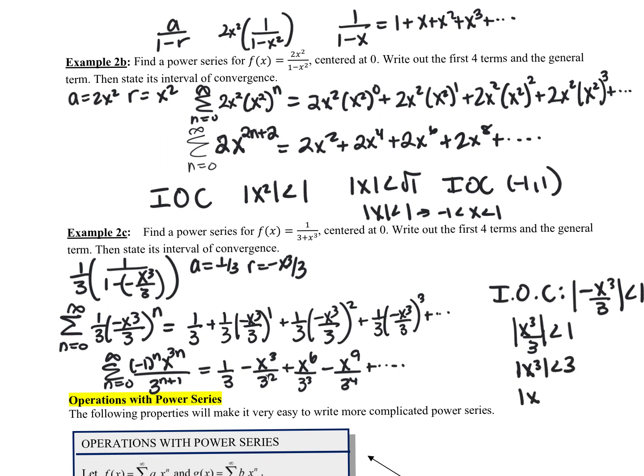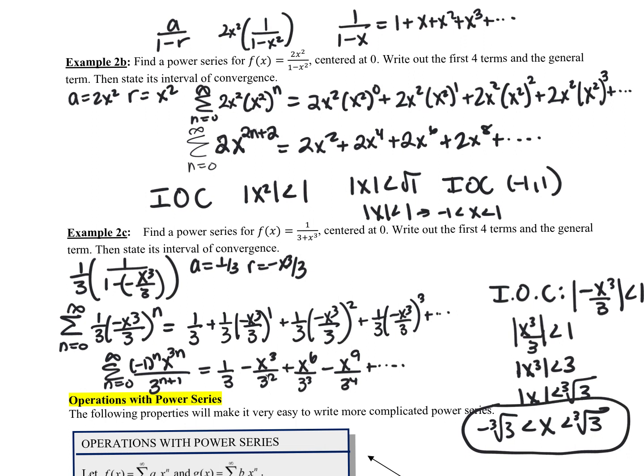So the absolute value of x will be less than the cube root of 3. Or if you write it as an interval, that way, so your interval of convergence is this guy right here. I'm not going to write it in interval notation this time, just because I don't feel like it. We'll leave it in that notation.